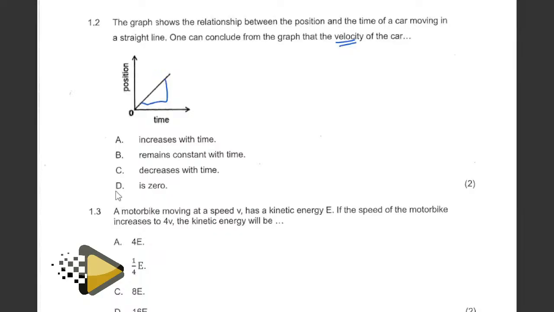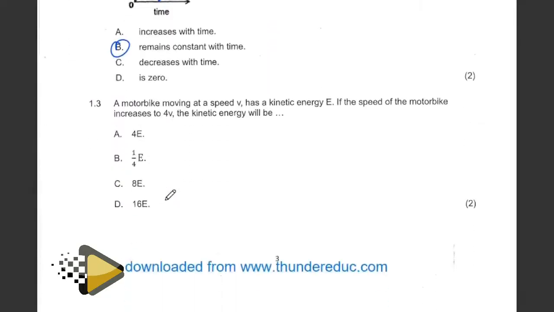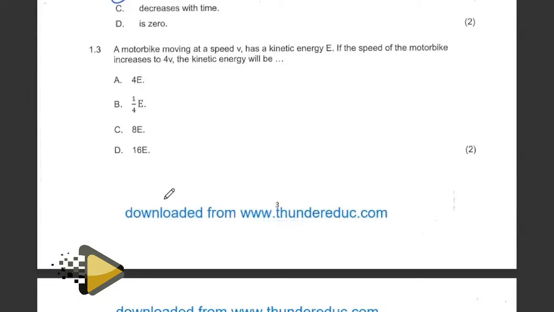If we find the change in position over the change in time, that will give us the velocity. So in this case, we expect the velocity to be constant. So velocity remains constant with time, which is B, since the gradient of a straight line is always the same.